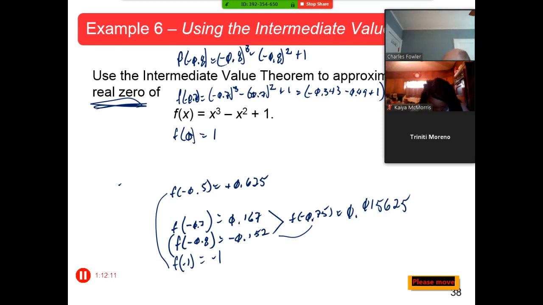Real zero of a polynomial function. The number 1 was the one they gave you, and then 2, 3, and 4 are the next 3. X equal a is a solution of the polynomial equation. You could also say root would be another word for it.